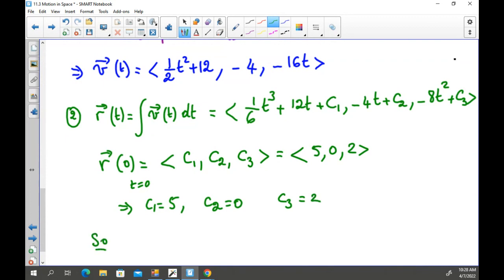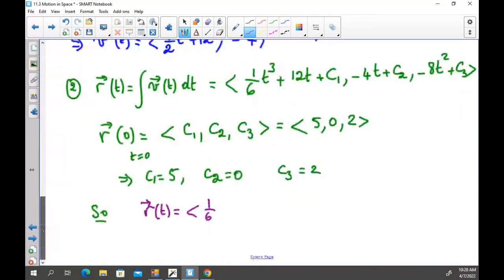Therefore, the position vector R of t is going to be 1 over 6 t to the power of 3 plus 12t plus 5, and then minus 4t, and then minus 8t squared plus 2, and that is the end of this.